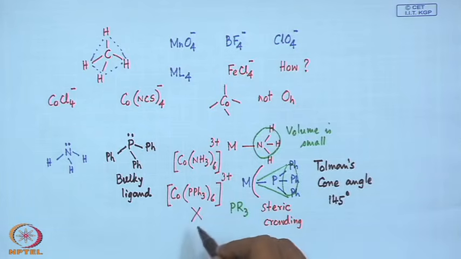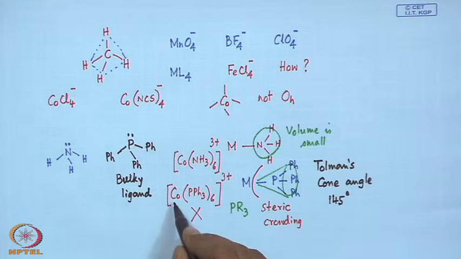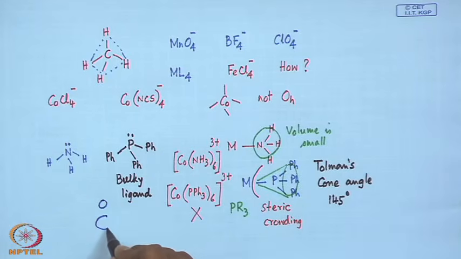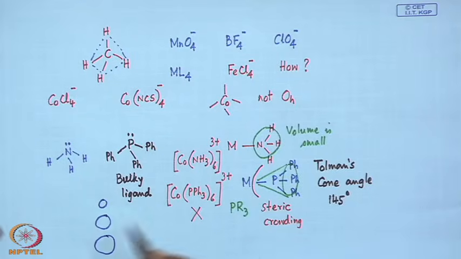So, if we go down for other metal centers, you can go from cobalt to rhodium to iridium. That means, you can move from 3d to 4d to 5d metal centers. That means, we want to increase the size of the metal centers like this to this to this.